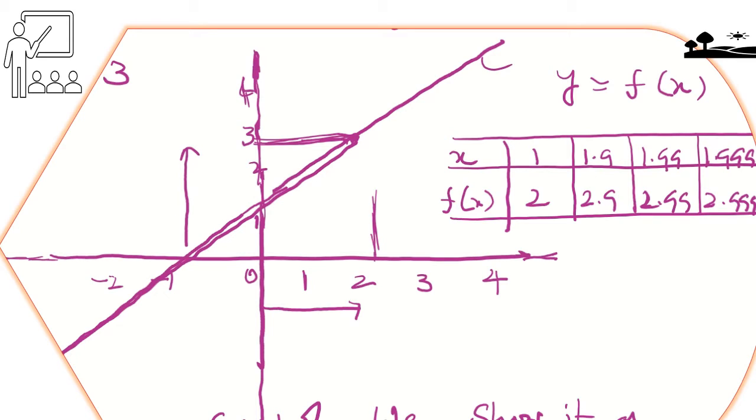So x is moving from here to here. I am taking the left side of 2. So x is approaching 2, x is moving like this, and y is moving in this way, reaching the number 3.